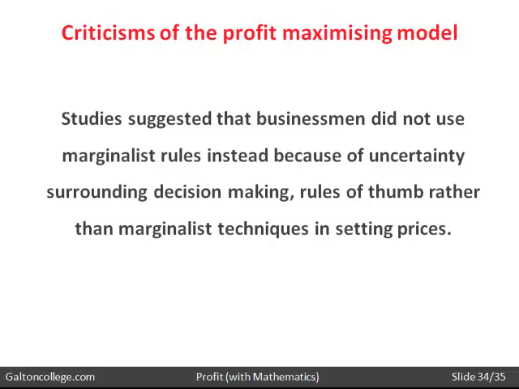And that, of course, leaves one last question to be answered. If it's not used in practice, why have we got it? Why do we even mention profit maximization if it's not used widely, or if it's not used at all? Well, the answer seems to be that we need a standard, an efficiency standard. At least in theory, we need an efficiency standard. We need to be able to compare behavior through some sort of efficiency standard to see how efficient businesses are.